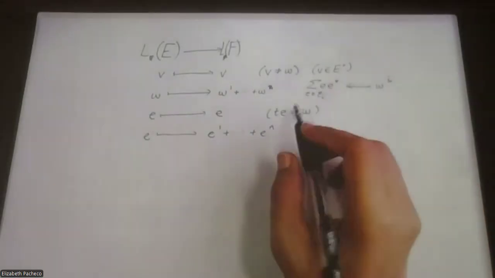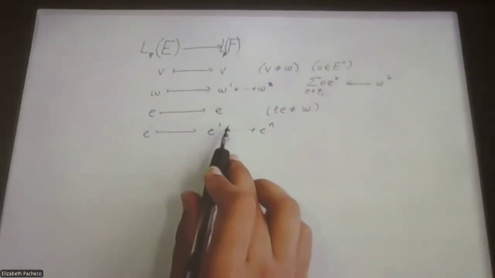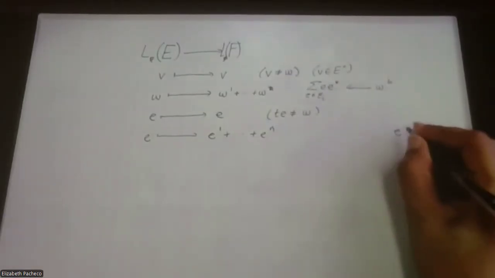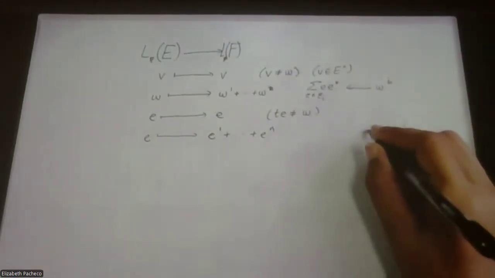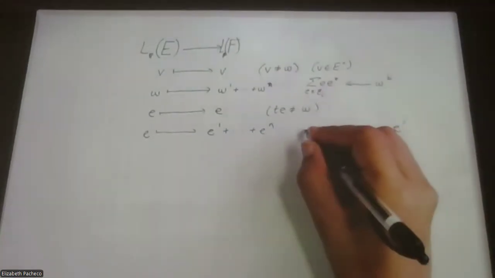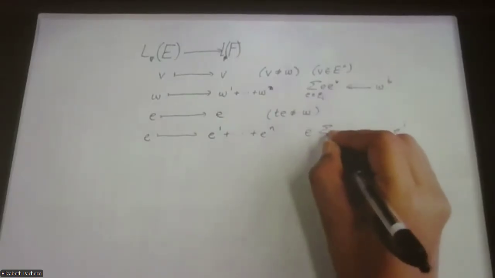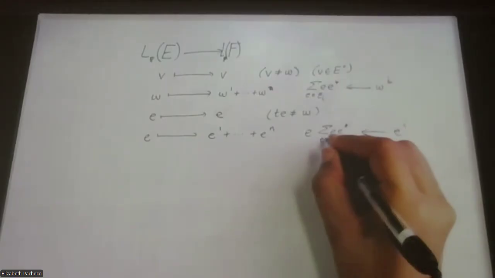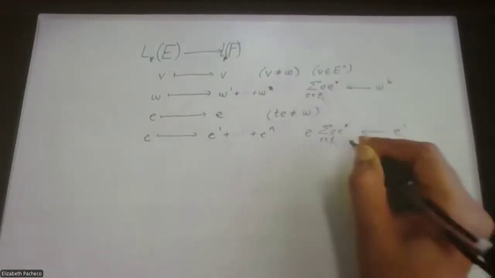And so identity will work for all of these guys, but for these, each E_i you send to the sum of E E star E in epsilon_i.